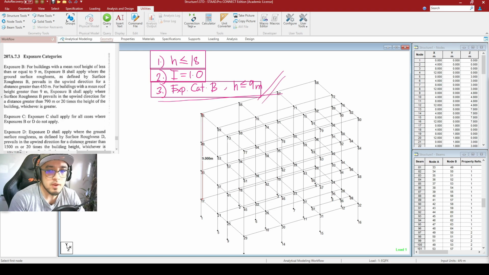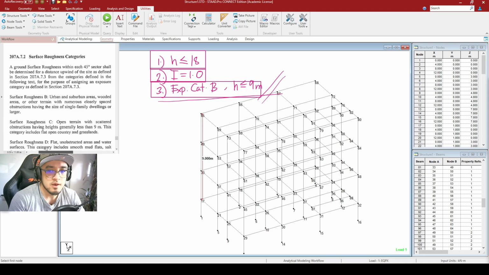So if you go to surface roughness B, it is said here that it is for urban and suburban areas, wooded areas, or other terrain with numerous closely spaced obstructions having the size of single-family dwellings or larger. So in Baguio City, since Baguio City is an urban area and it is also a wooded area, we would be making use of surface category B. So with such, guys, our third parameter right here is already satisfied.